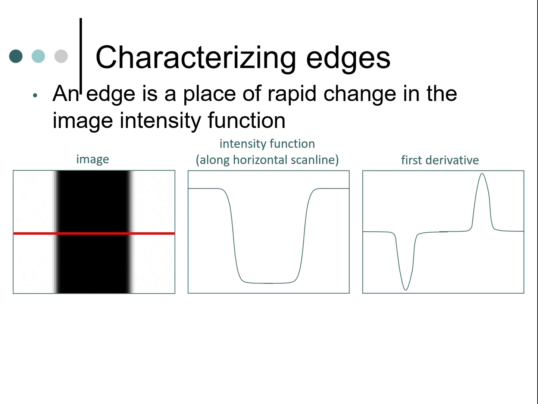Also, the first derivative of the image can be used to characterize the edge, where a rapid change in the image intensity function has occurred. In the first derivative, the edges correspond to the extrema of the derivative.